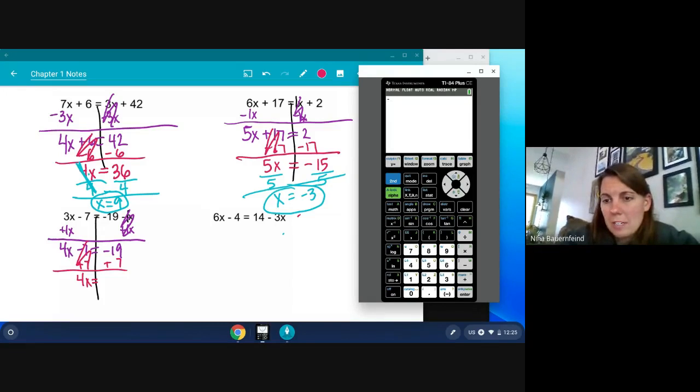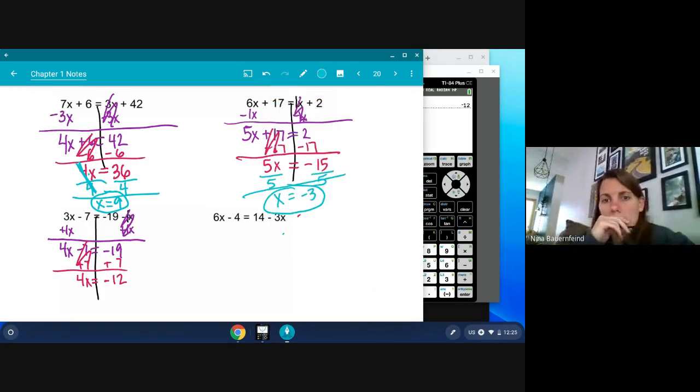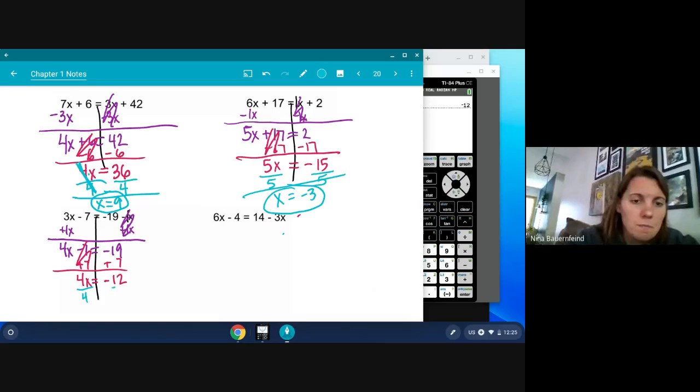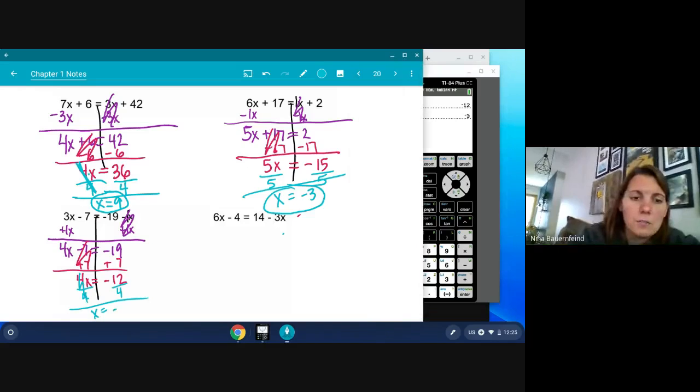So -19 plus 7 is -12. And then what's our last move going to be? Divide. You got it. And you guys probably know it, but just in case, it's -3.